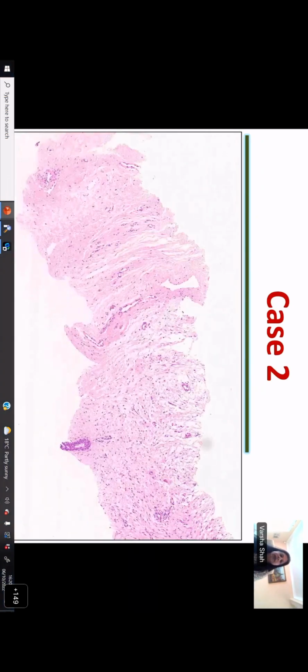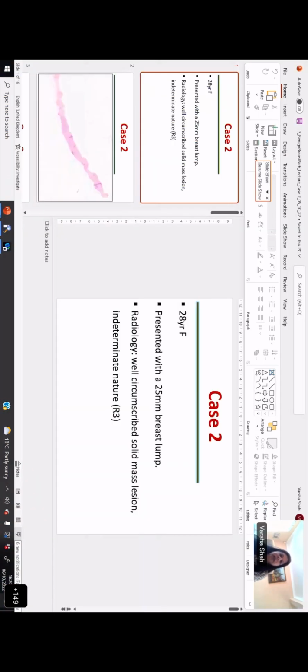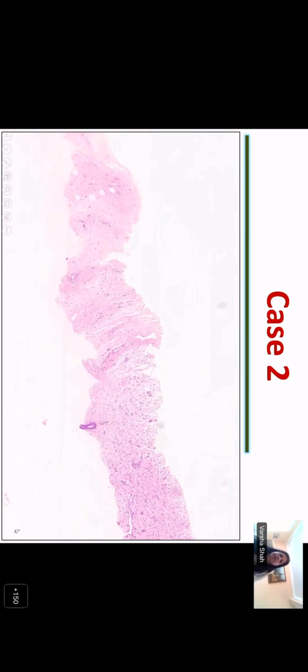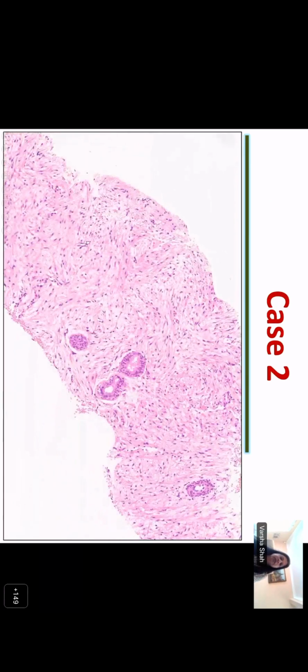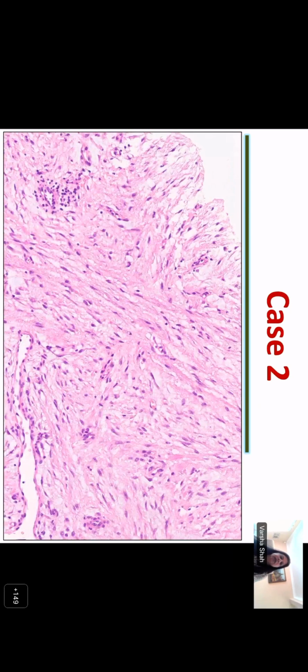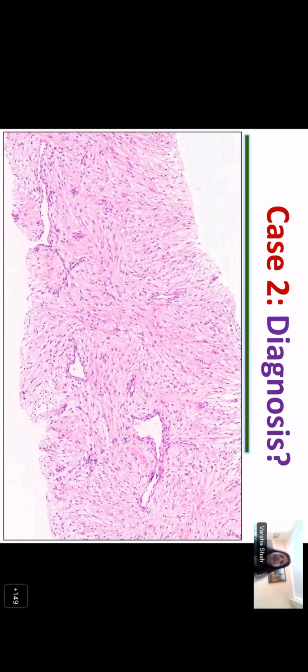Okay, so we are going to just go through this. So case 2. Yes, I showed you all these fascicles of what looks like smooth muscle bundles, right? So the diagnosis: Desmin is positive, confirming that these are smooth muscle bundles.